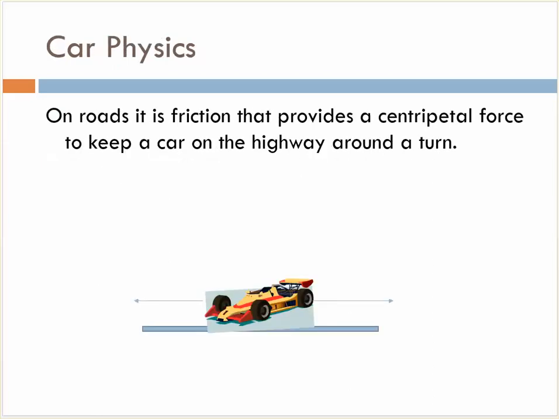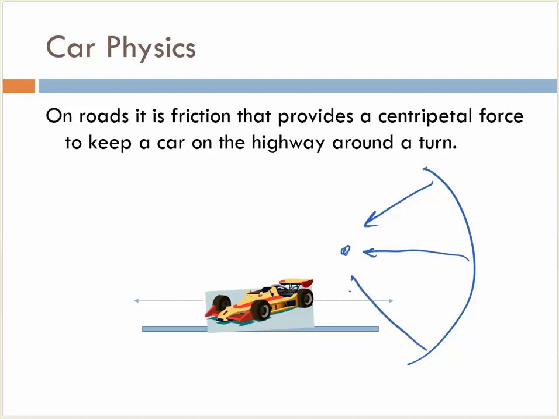Okay, on roads it is friction that provides the centripetal force to keep a car on the highway around a turn. So let's say we've got this car and it's going to be traveling around this turn. Here is the center of the turn. So what force is pulling the vehicle towards the center of the turn?